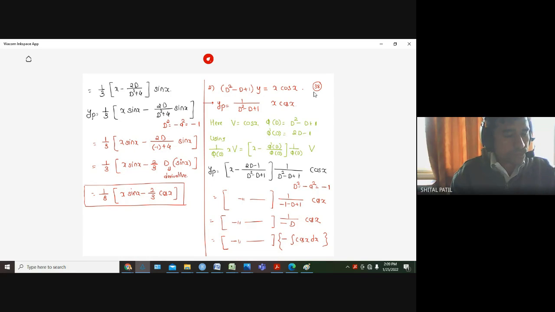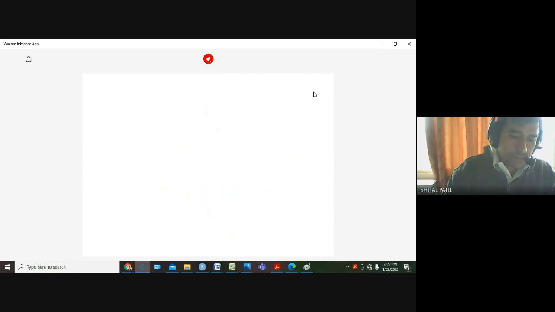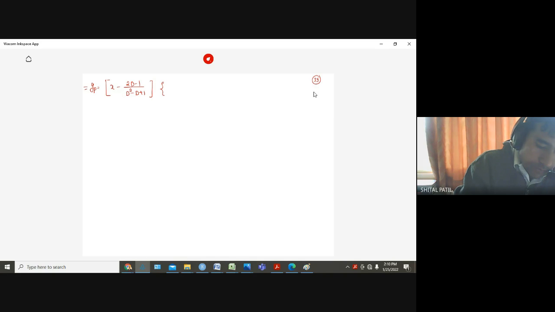Yes. So it is like this. Integration of cos x is sin x. I'll write minus sign outside. Operate the bracket on sin x.